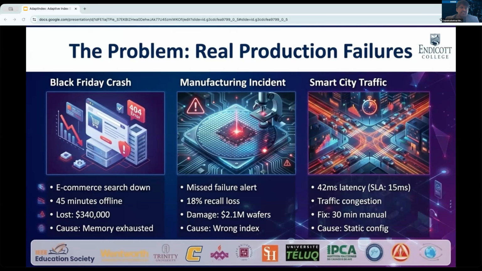The second is a semiconductor fab that missed an equipment failure alert because their index sacrificed accuracy for memory, also resulting in a huge financial loss. And third is a smart city traffic system that violated SLAs during rush hour monitoring, requiring expert intervention, which may take 30 plus minutes. The common thread here is that all used vector databases with static configuration that couldn't adapt to changing workloads.